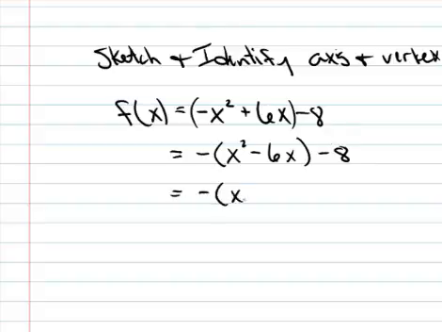So now the tricky part. You're going to add and subtract half of the x term squared, which is what? Yeah, half of the x term is 3. 3 squared is 9, so I'm going to add and subtract.